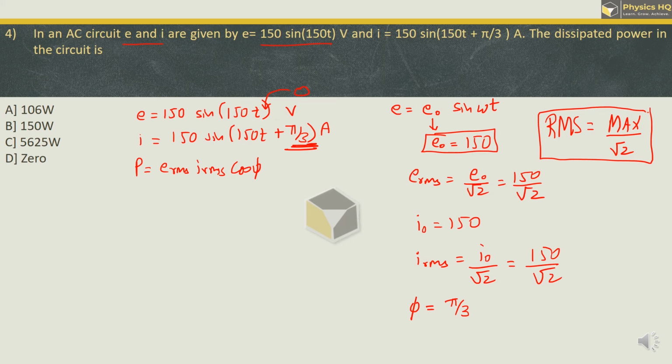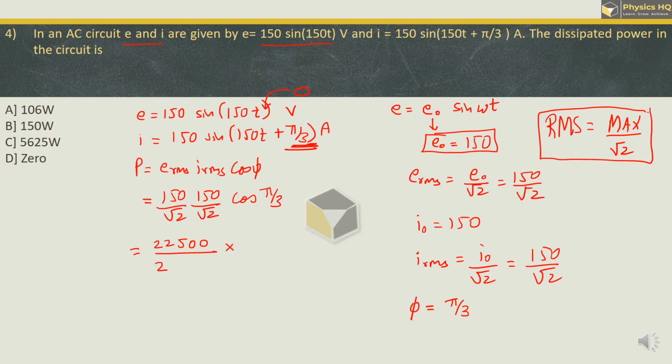So let us put the values over here in the formula for power dissipation. ERMS will be 150 by root 2. IRMS is 150 by root 2. Cos phi is cos of pi by 3, which is cos 60. So 15 square will be 225, and there are these two zeros, divided by root 2 squared, which will become 2.